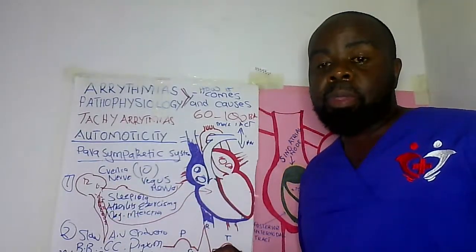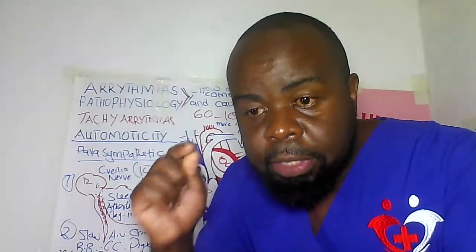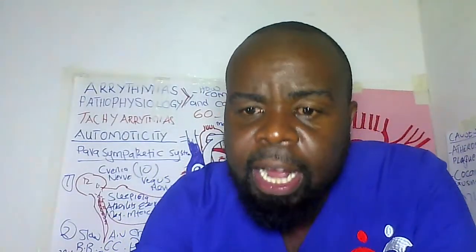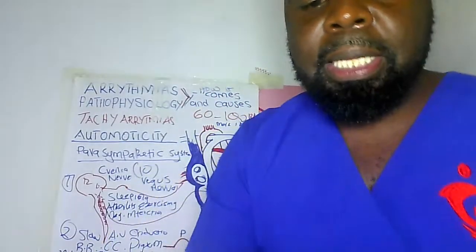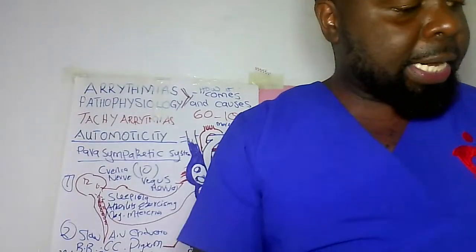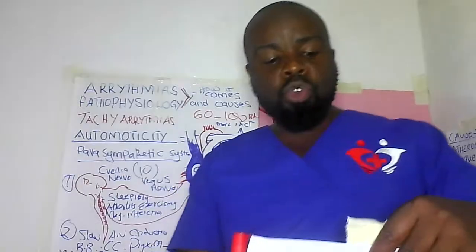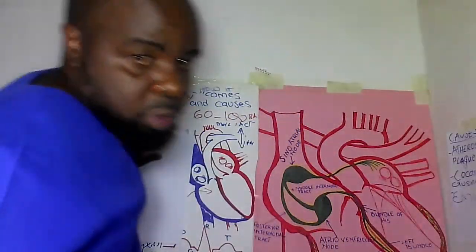You get it? That is an increase in the sympathetic nervous system. And there are some things that can make the sympathetic nervous system increase so that you have a heart that is beating so fast.